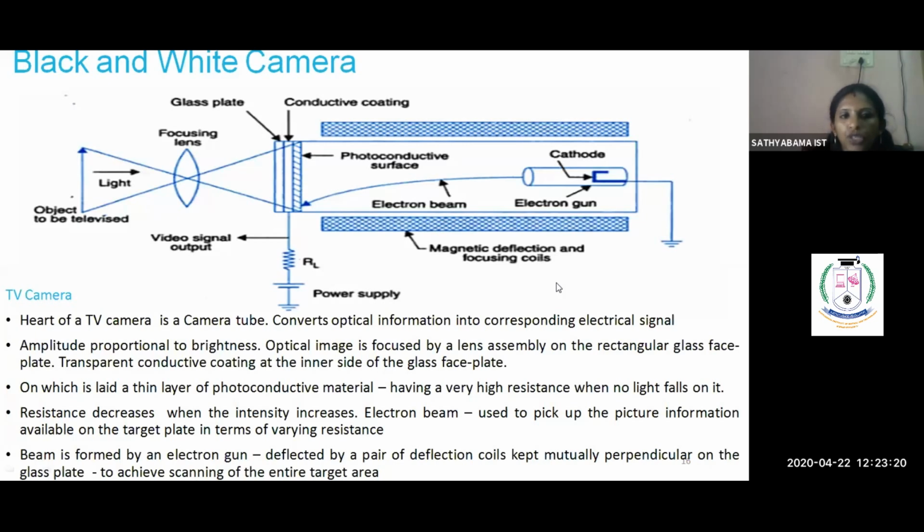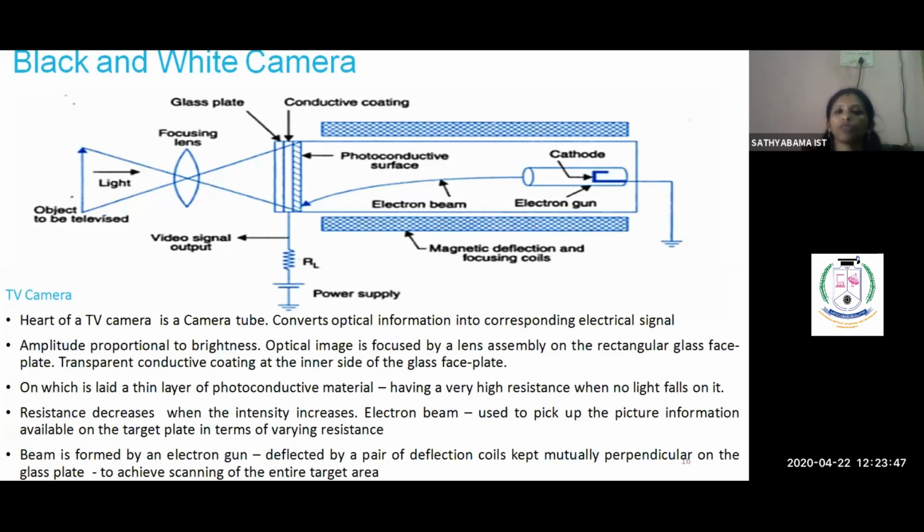The optical image is focused by a lens assembly on a rectangular grid. This is the same representation as the CRT, which has already been explained. Then we have a thin layer of photoconductive material having a high resistance when no light falls on it.